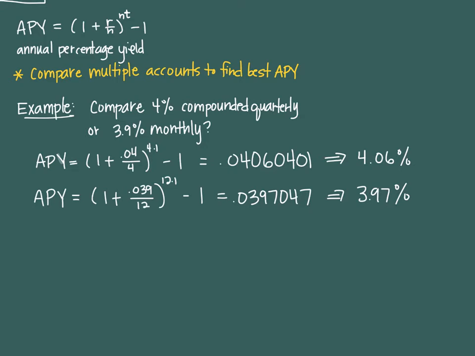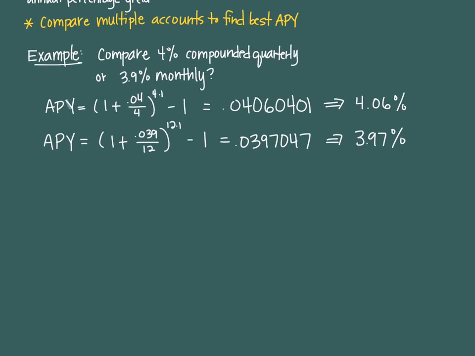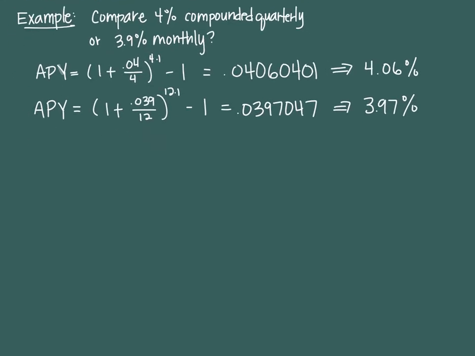Okay, let's try the other two, those two formulas that looked fairly complicated. All right, here they are. The first one, FV equals capital R, parentheses, the APY formula that we just did.